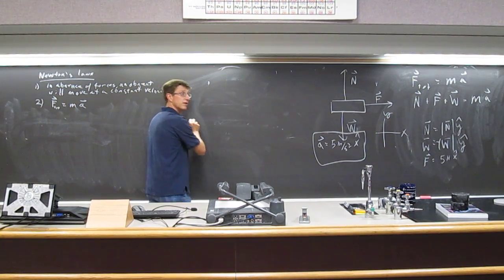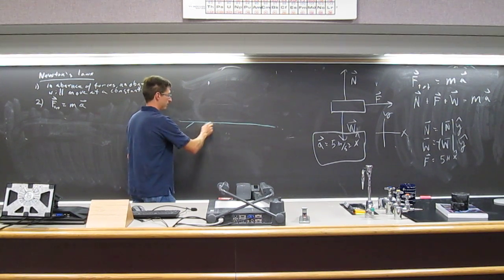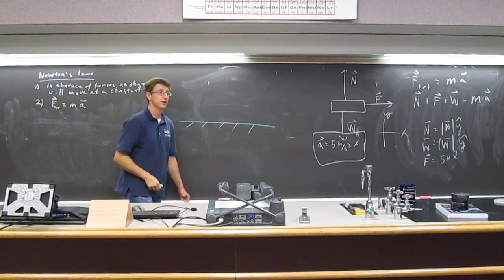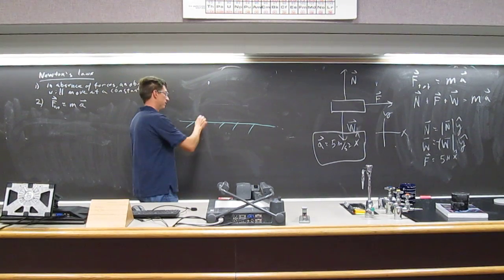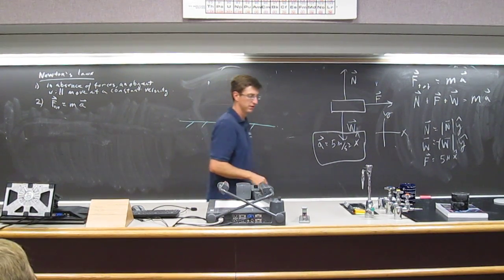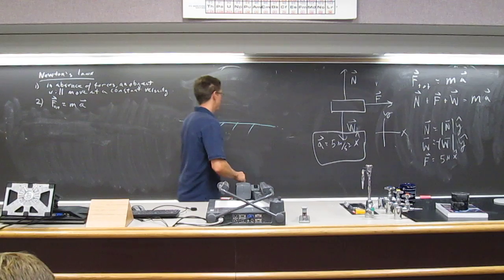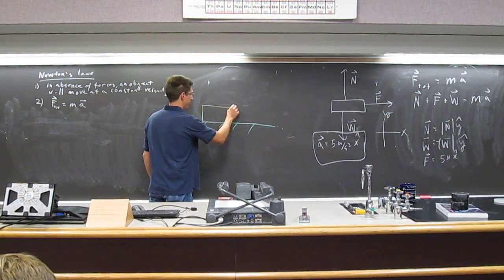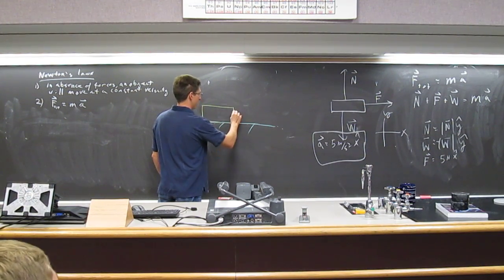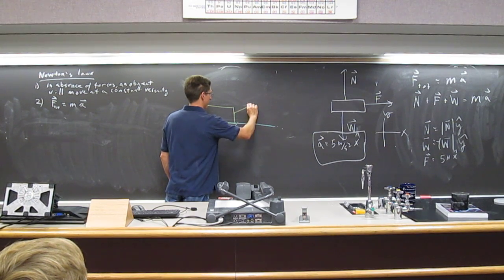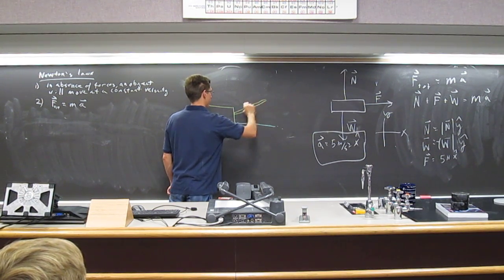Okay, let's say I have a box on the ground, but this time the box has a rope attached to it. And it's pulling it up at some angle. So this is a rope.